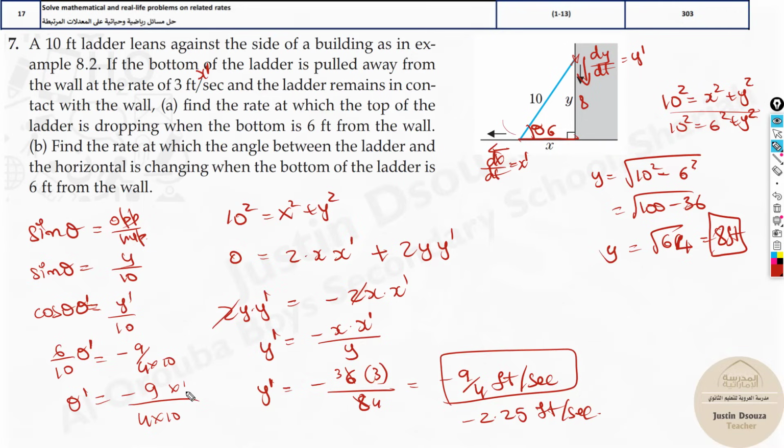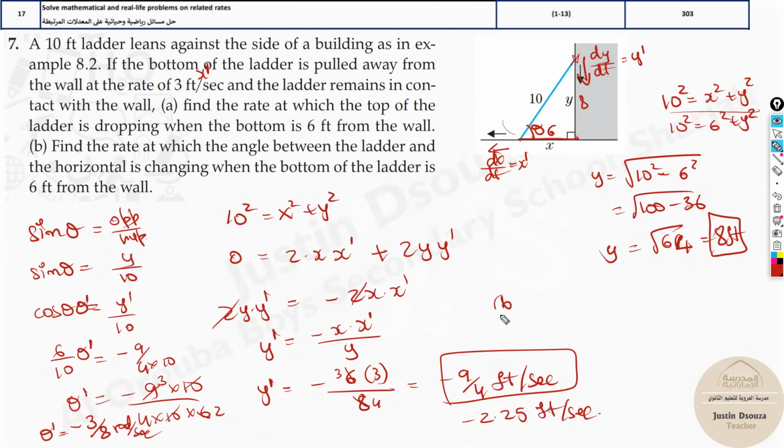And this 10 goes up and 6 comes down. So solve it. Here you will have 3 times and 2 times. It is 3 by 4 times 2, which is 8. Theta dash would be minus 3 by 8, and this is in terms of radians per second. I'll write the answer properly here.